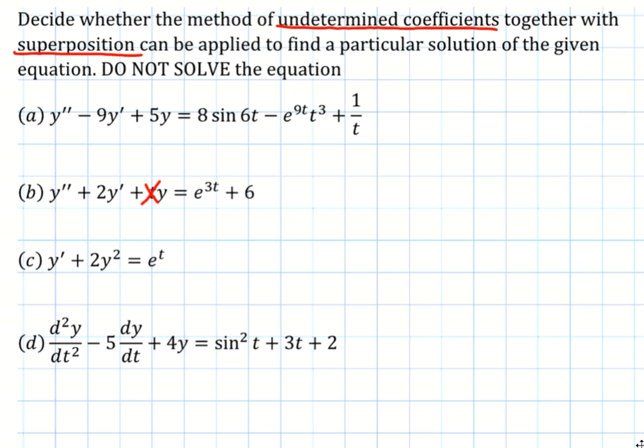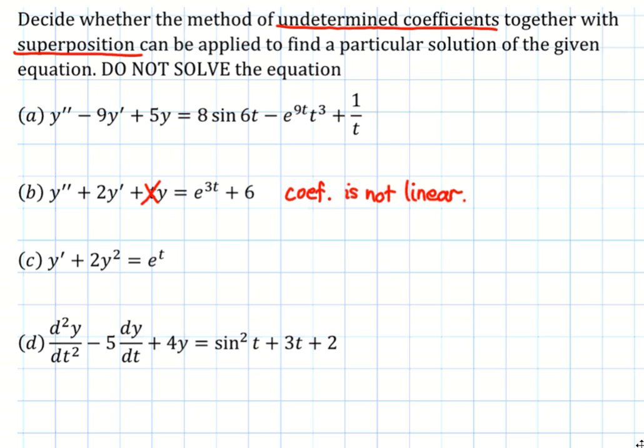So we will not be able to use superposition and undetermined coefficients here because the coefficient is not linear, or the type of function on the left hand side is not what we need. So it's not going to work. All the other equations, though, have linear coefficients.